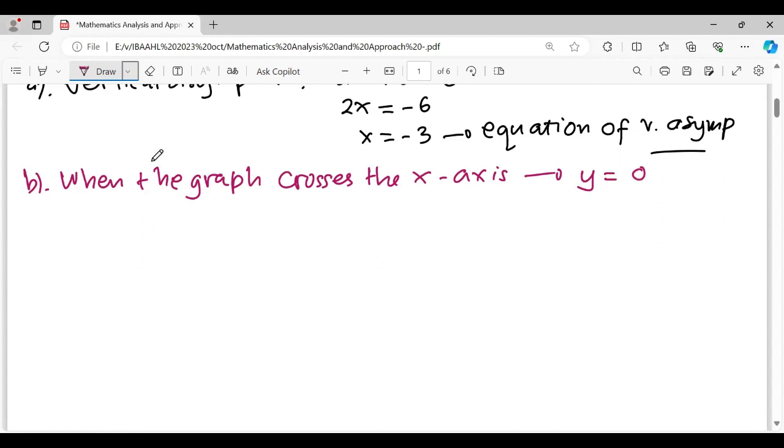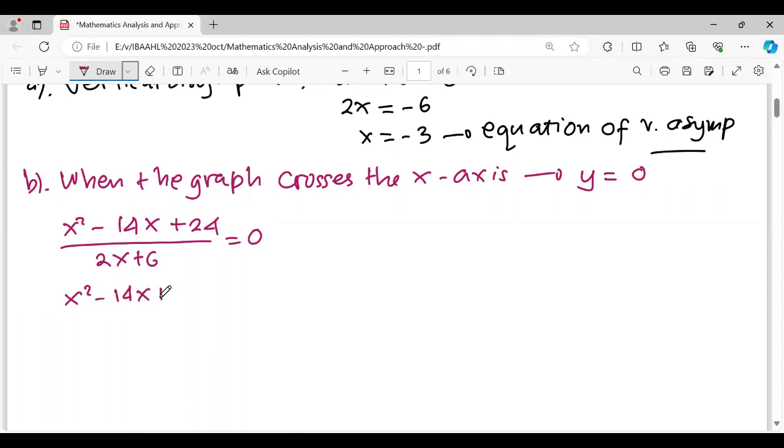The value of y equals 0. So it becomes (x squared minus 14x plus 24) over (2x plus 6) equals 0. And it becomes x squared minus 14x plus 24 equals 0, because 2x plus 6 times 0 equals 0.